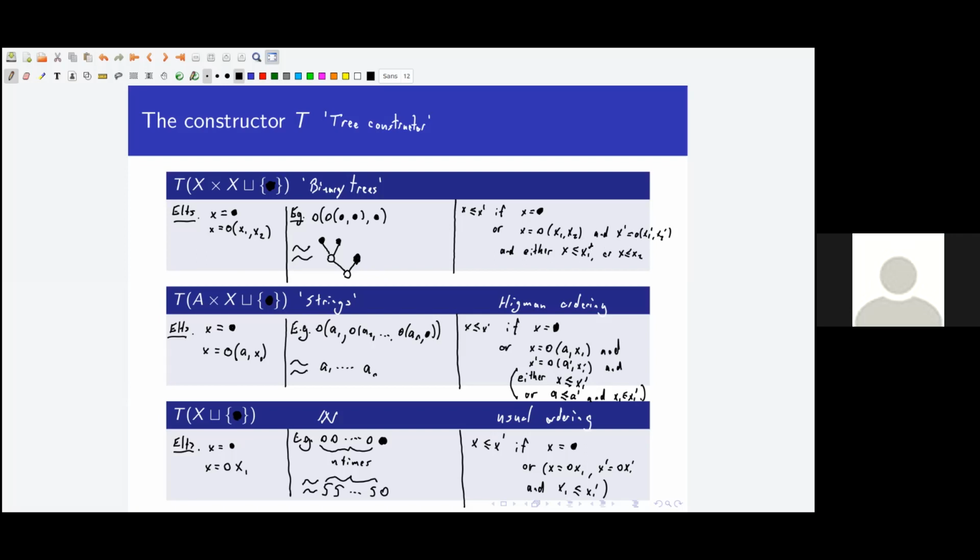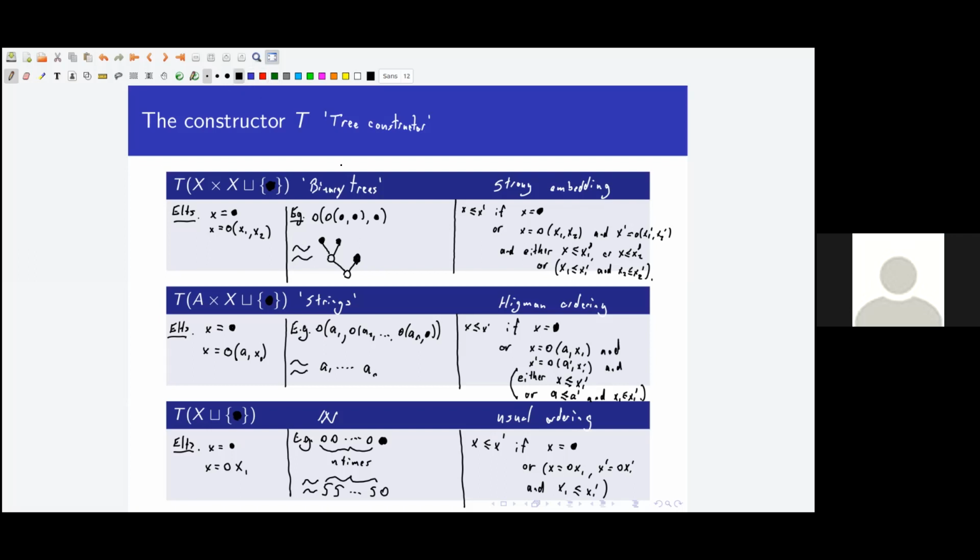Oh, excuse me. On the right-hand side, it goes into the other one's left subtree, it goes into the right subtree, or both subtrees match up. Okay. So this is known sometimes as the strong embedding. It's far from the only embedding on binary trees or trees of any kind, but this is the one that's most of interest in this context. For example, it's the one that's used in Kruskal's theorem.